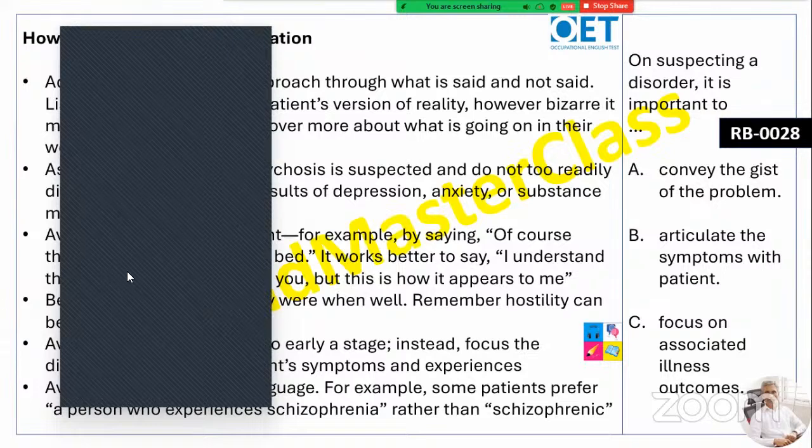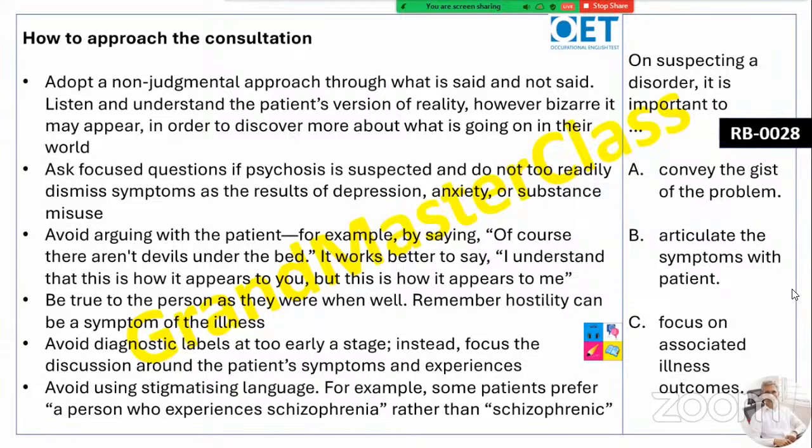Okay, Mahin, tell me why you think B is the right answer. Sir, overall, the paragraph is focusing on the symptoms of the patients, like asking focused questions if you suspect symptoms like depression and anxiety, in the second bullet point, and also the second last bullet point, avoid direct diagnostic labels.